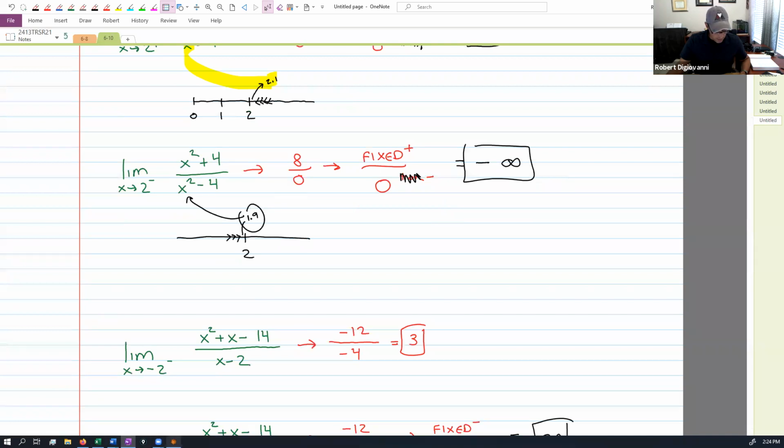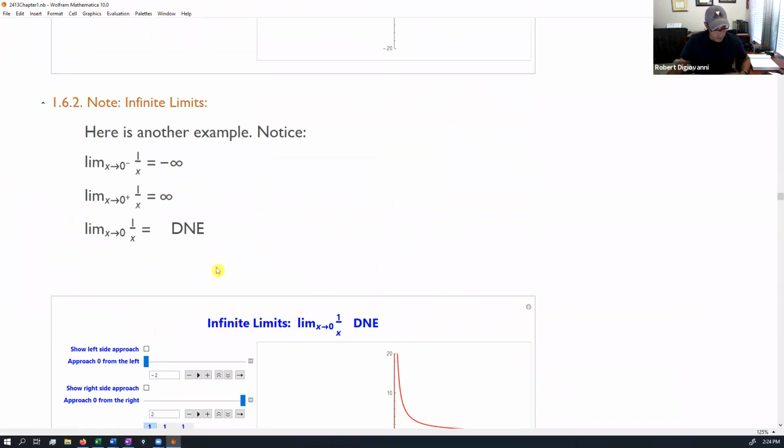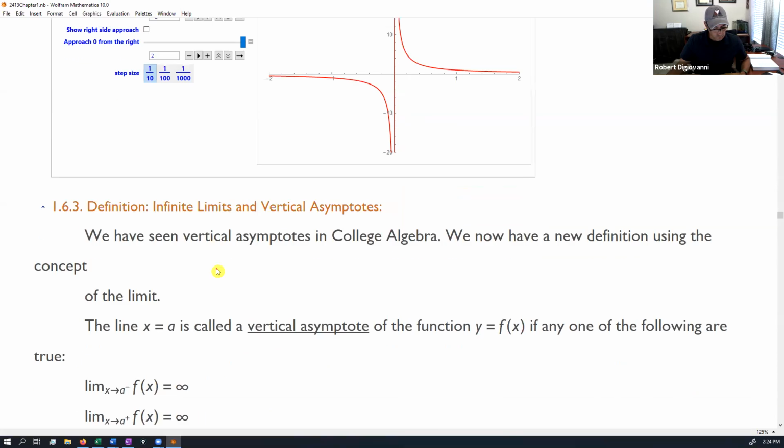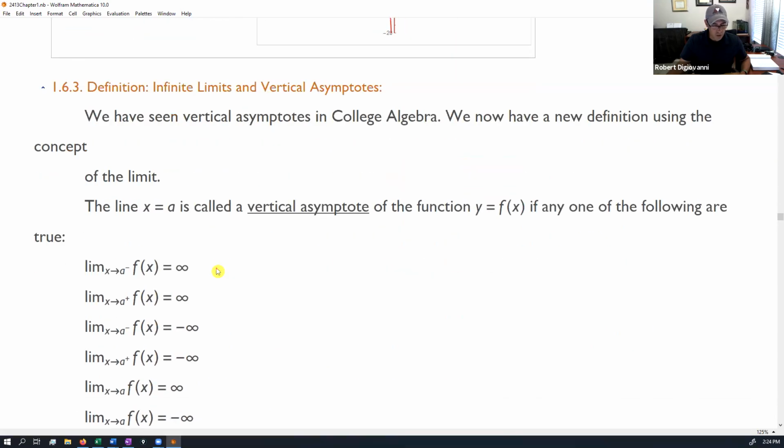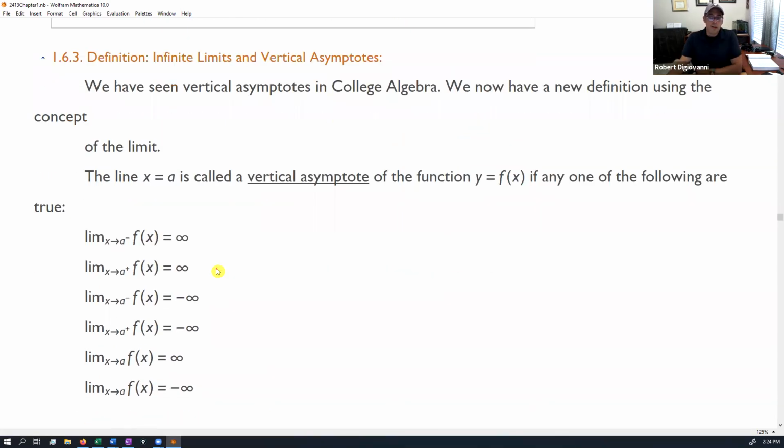Let me go back to the notes here, see if there's anything else I want to go through. Okay, I'll just mention this. You've actually studied this before in college algebra. These were called vertical asymptotes. When you were looking at rational functions in college algebra, the function would go up or down, and there's a vertical barrier it couldn't cross.